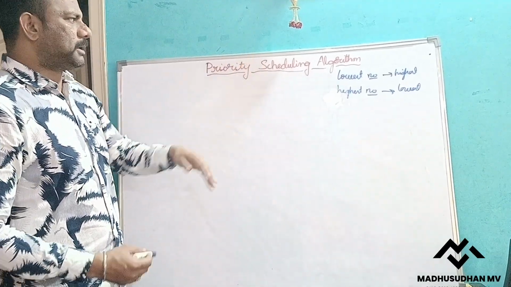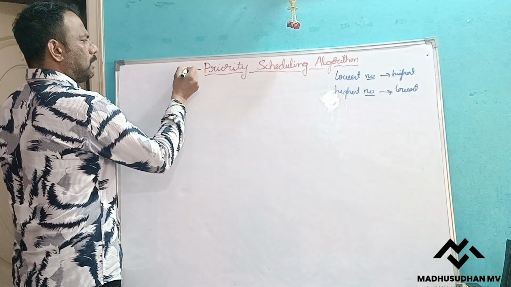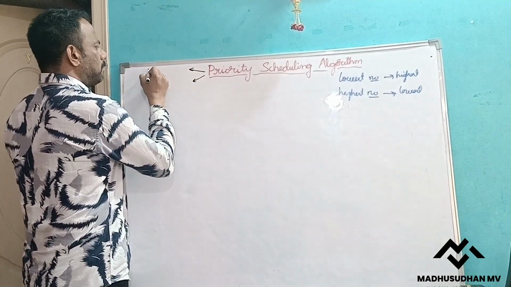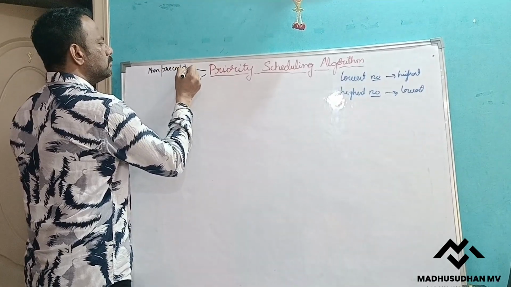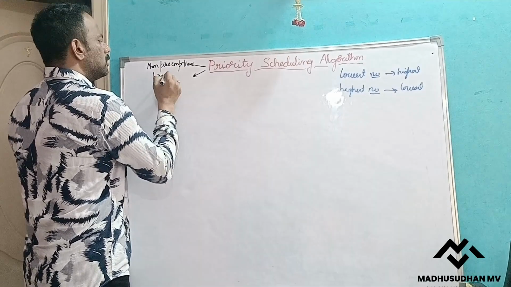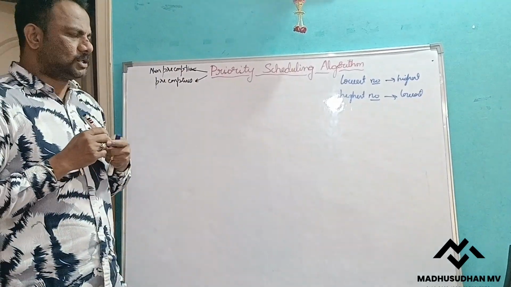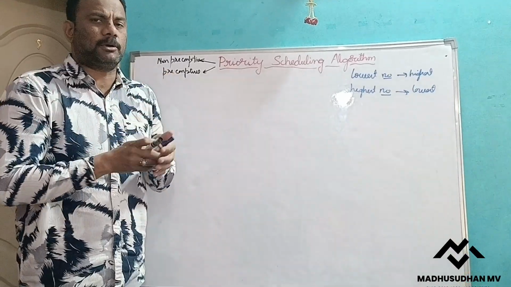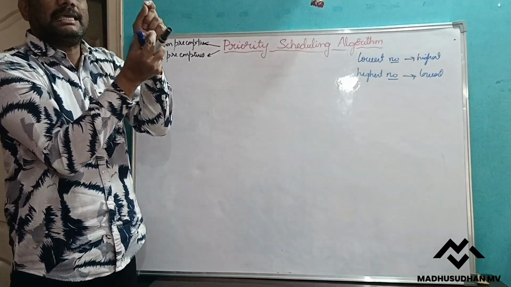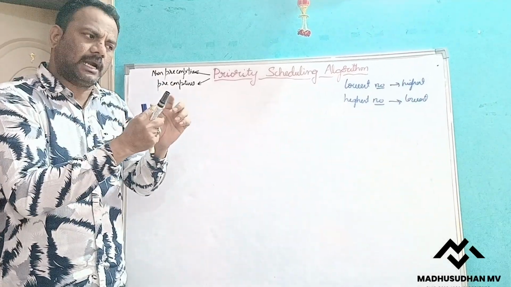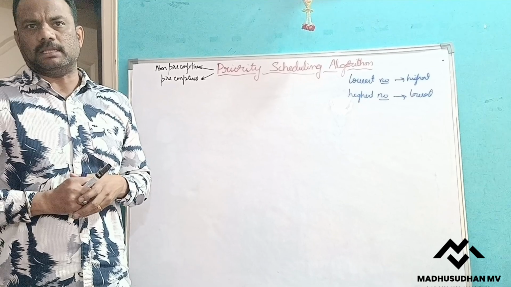Now again, this priority scheduling algorithm may be preemptive or non-preemptive. Non-preemptive means that with a given list of processes, if one process has the highest priority and I start it, I need to complete it, and only then will I take the next priority process from the list.